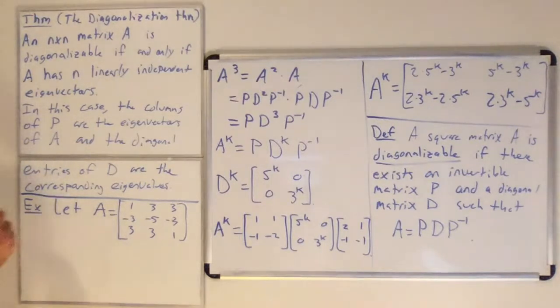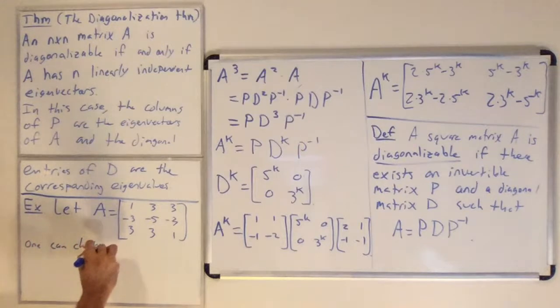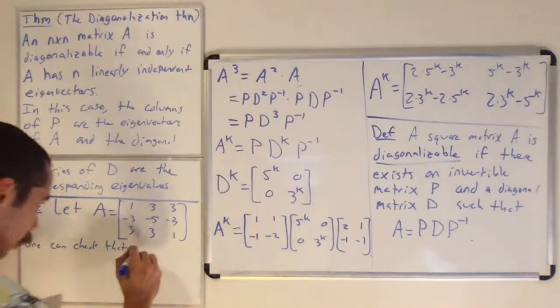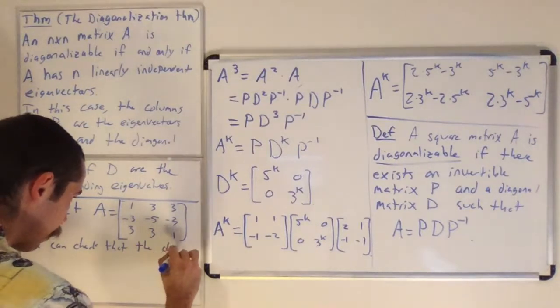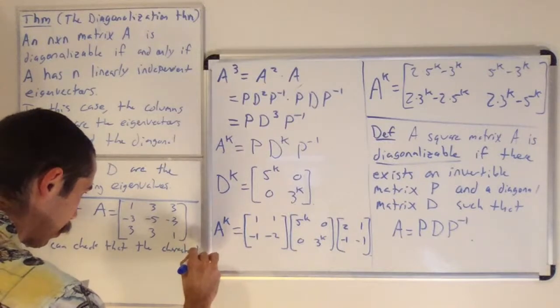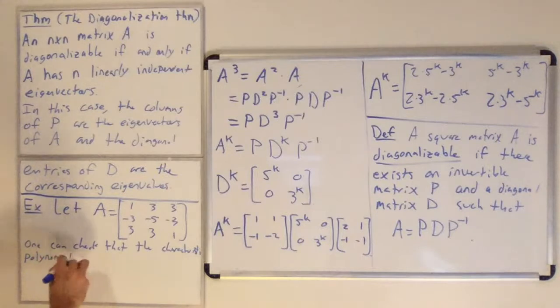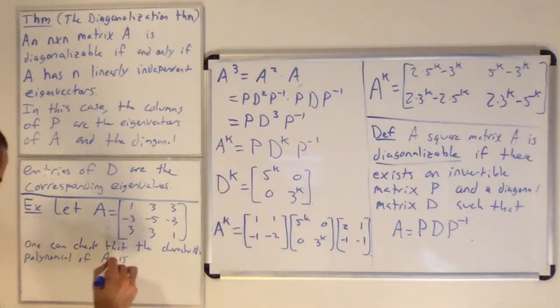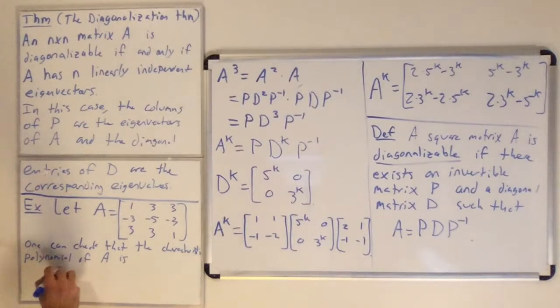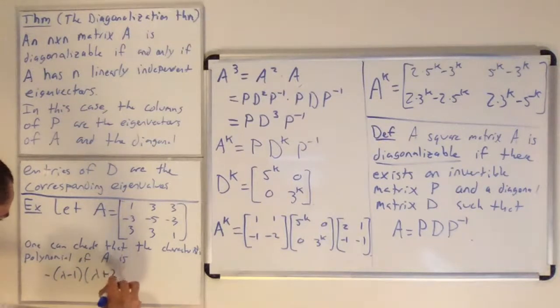So one can check that the characteristic polynomial is negative (lambda minus 1)(lambda plus 2) squared.